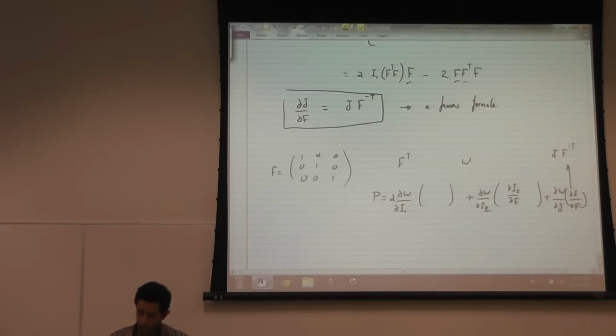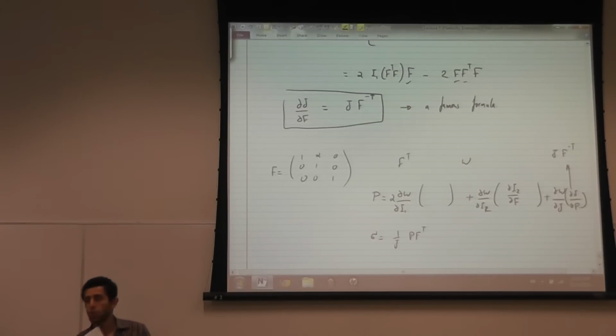And the first Piola-Kirchhoff stress, and the Cauchy stress tensor is 1 over J P F transpose.